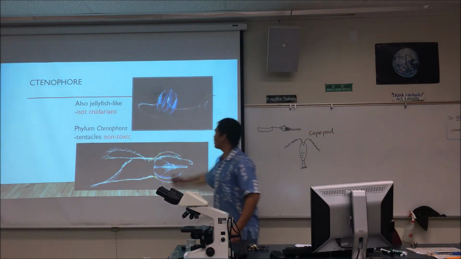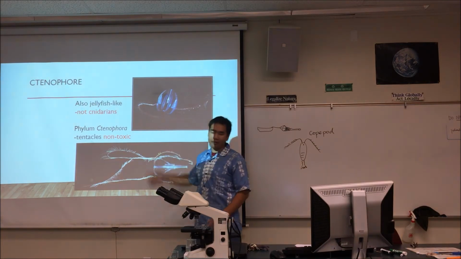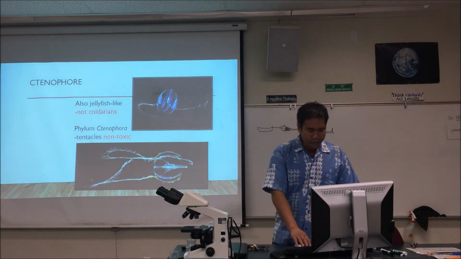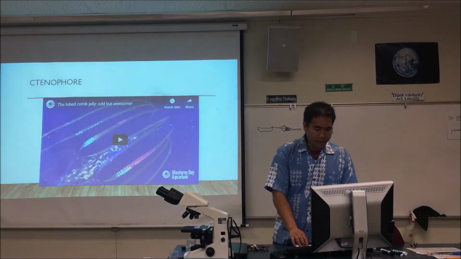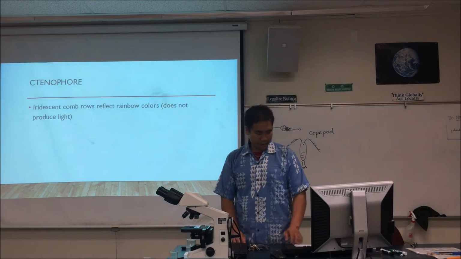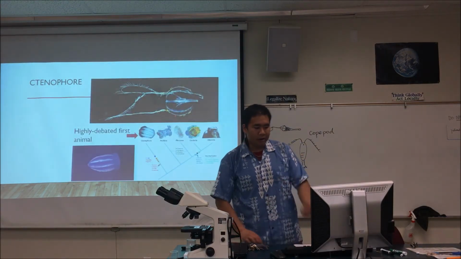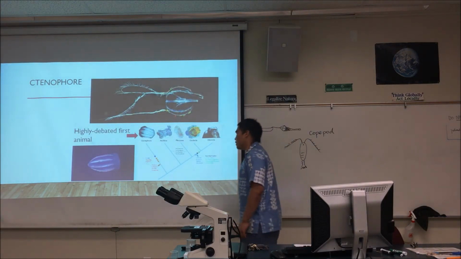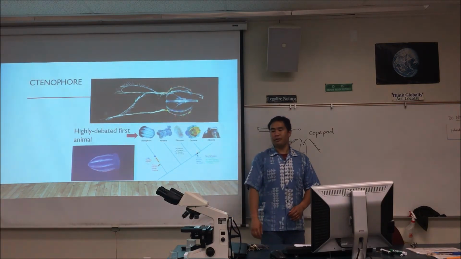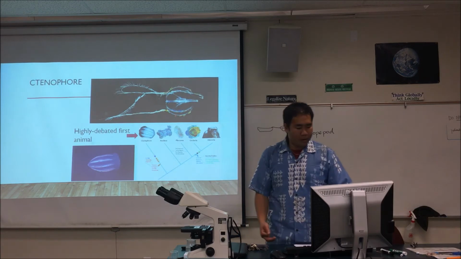It's bilateral symmetry, right? If it didn't have those tentacles, it kind of looks radial. It's strange. How did it reach bilateral symmetry when it doesn't have a head or anything like that? So it's kind of hard to say what the first animal is. Is it a ctenophore or is it a sponge? Who knows, but it's going to be one of those two.